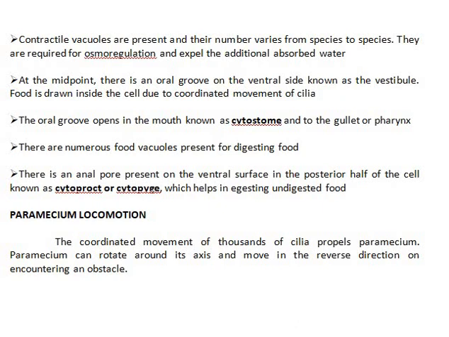There are numerous food vacuoles present for digesting food. There is an anal pore present on the ventral surface in the posterior half of the cell, known as the cytoproct or cytopyge, which helps in expelling undigested food material.